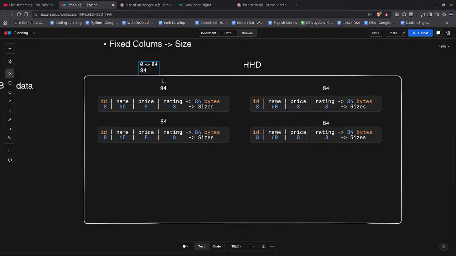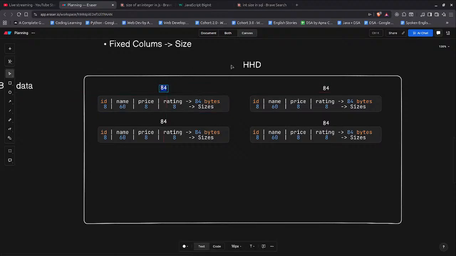Then we'll start from 84 bytes and go till 168 bytes. So the data from 84 to 168 bytes belongs to the second one. Similarly, if we want the third one, we add 84 to the bytes, and whatever we get from there on is going to be the third one. Similarly, we'll keep adding.